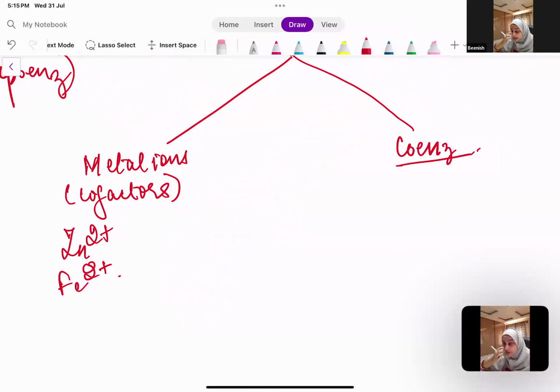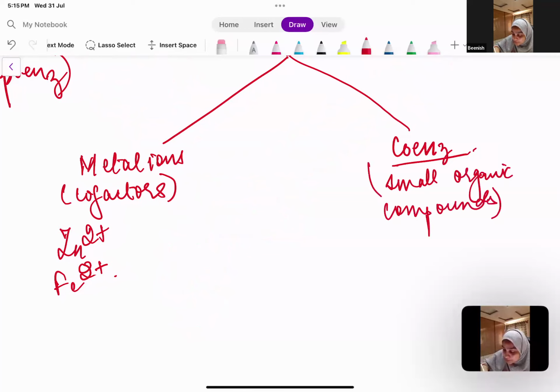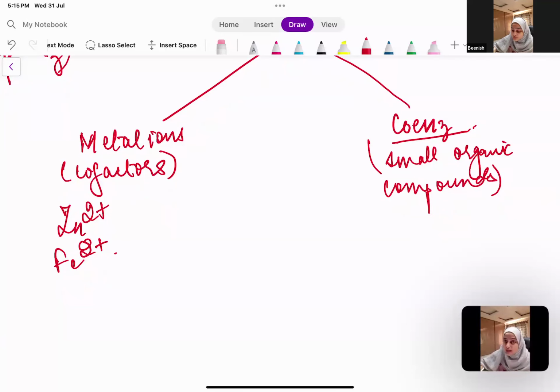These are small organic compounds or molecules. So to the protein part, you have a non-protein part, which can either be metal ions known as cofactors, or coenzymes, that is small organic molecules, usually your vitamins.